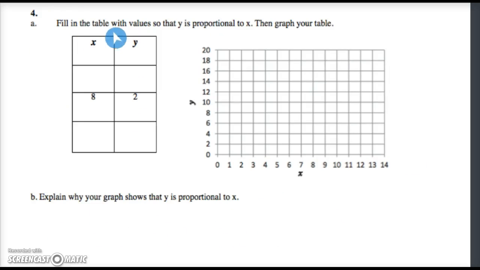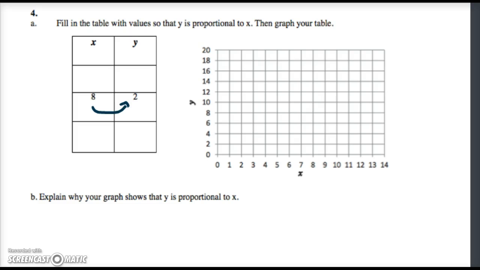Question 4. Fill in the table with values so that y is proportional to x. Then graph your table. So we have table x is equal to 8 and y is equal to 2. So what is happening in our table? What is our constant going to be?